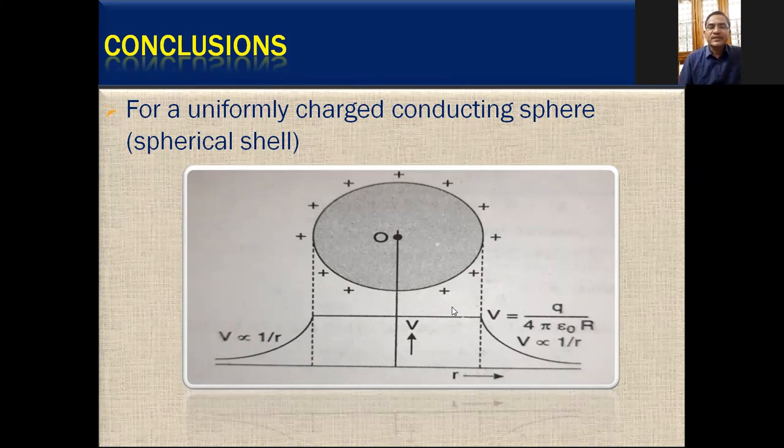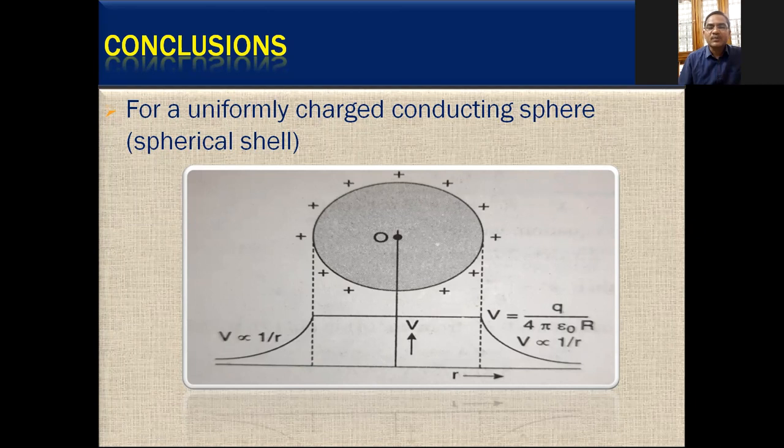On the surface, V equals 1 by 4 pi epsilon naught Q by capital R. For a point inside the sphere, the V value is constant at every point, equal to the potential existing on the surface.